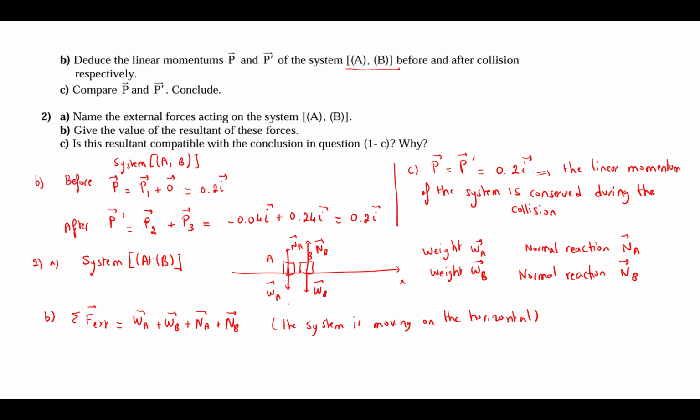This means the sum of the external forces is equal to 0. By doing the projection on the axis, the weight and the normal sum to 0.